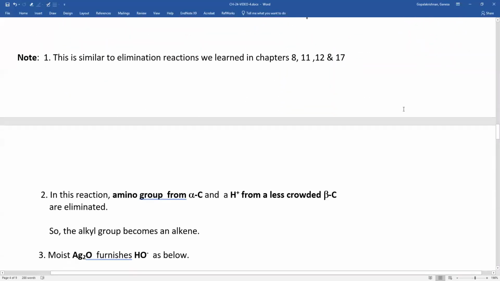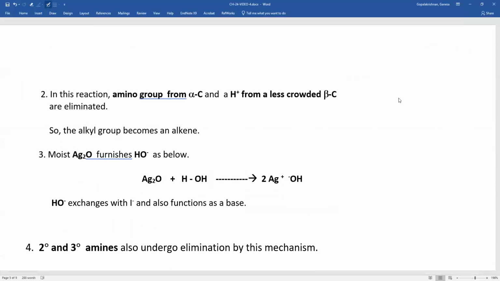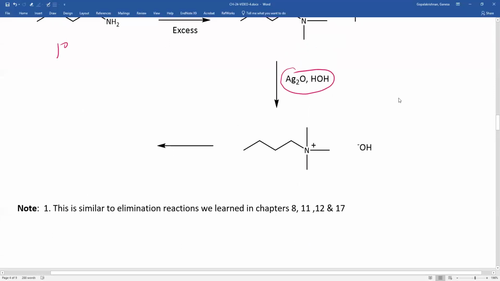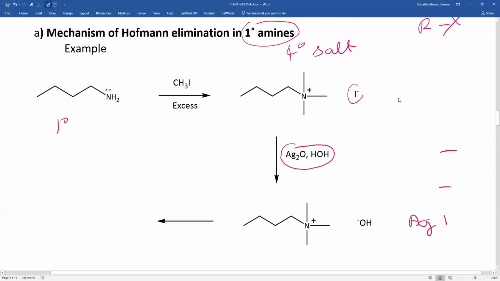We call that moist silver oxide. This is a paste. You take silver oxide powder and put some water and mix it into a paste. They react together and form silver hydroxide. So with silver hydroxide, the silver takes the iodide group, and the OH replaces it.